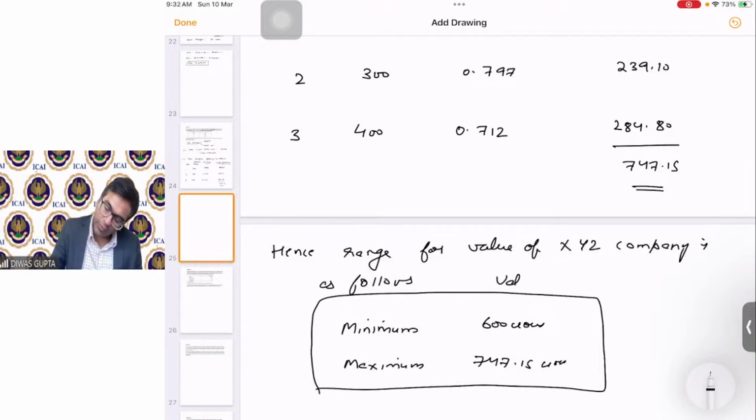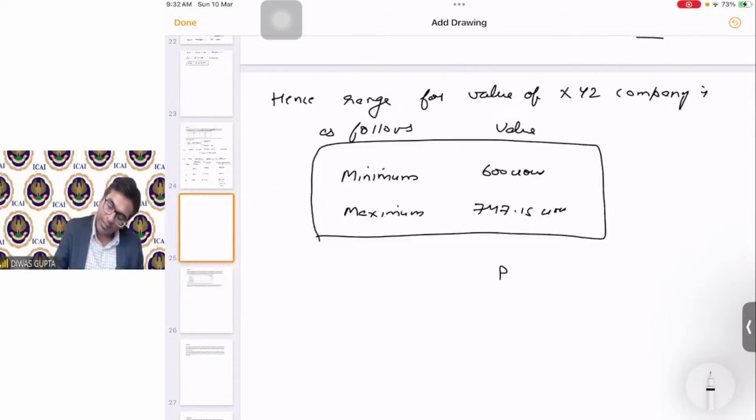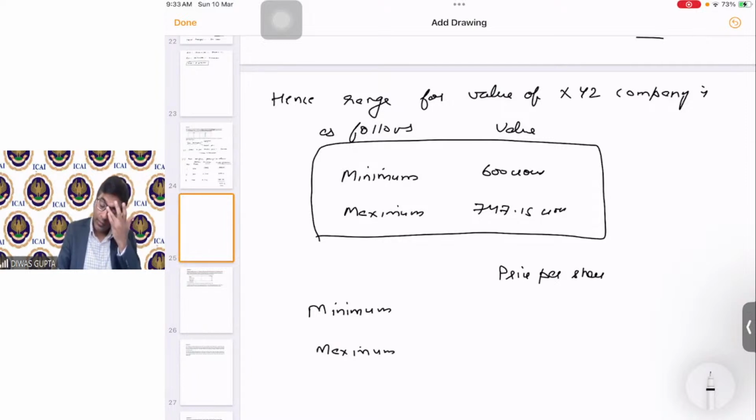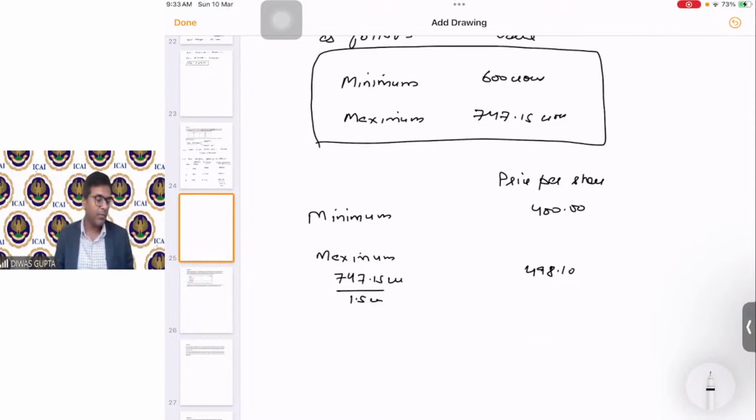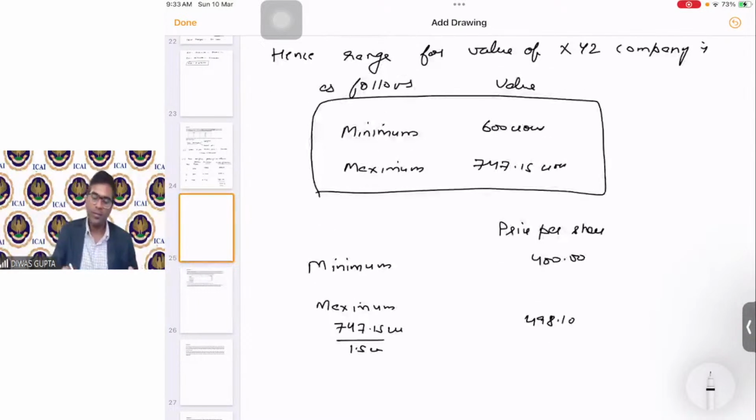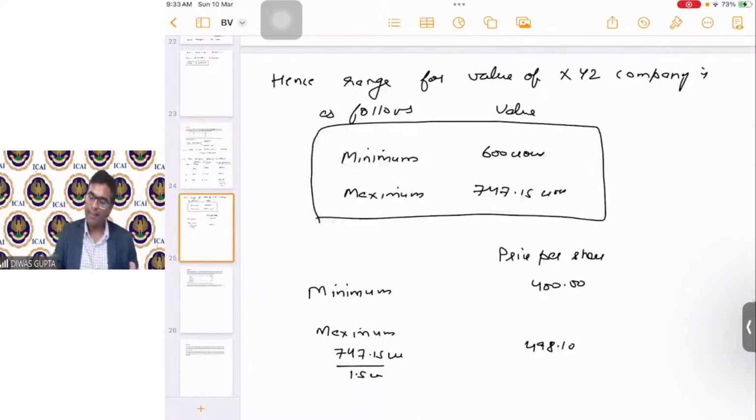So this is the value, right? Similarly, price per share. Also, I think we need to denote minimum, maximum, right? Minimum already we know it is 400, and for maximum, 747.15 crore divided by 1.5 crore, so this becomes 498.1. So this is the minimum and maximum price that can be quoted, students. I hope this is clear, students.